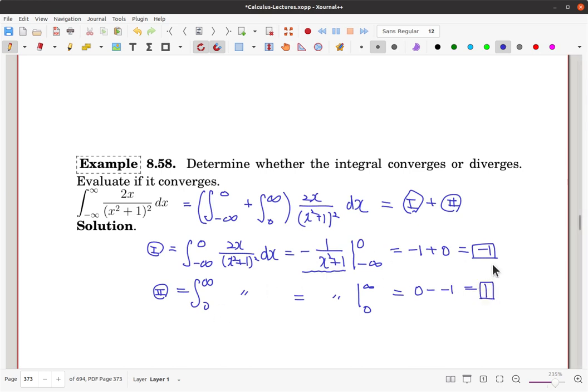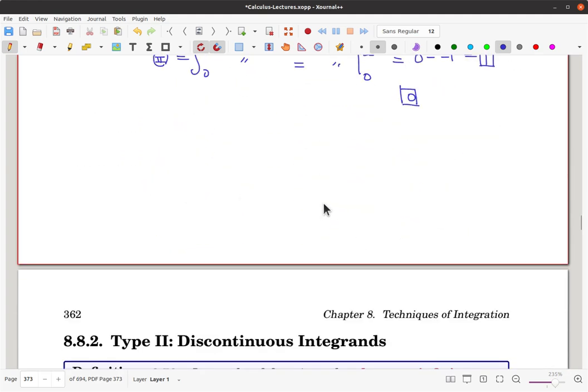Both sides exist, and the summation is 0, so the final answer is 0. It is convergent, and the final answer is 0. Okay, that's the first part of the section, and we'll continue in the second part. Thank you.